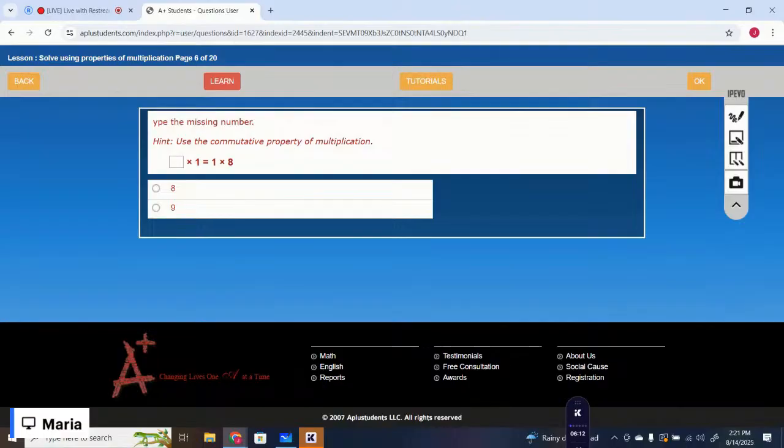Type the missing number. 1 times 8 equals 1 times 8. Option number 1 is the correct option. The missing number is 8.